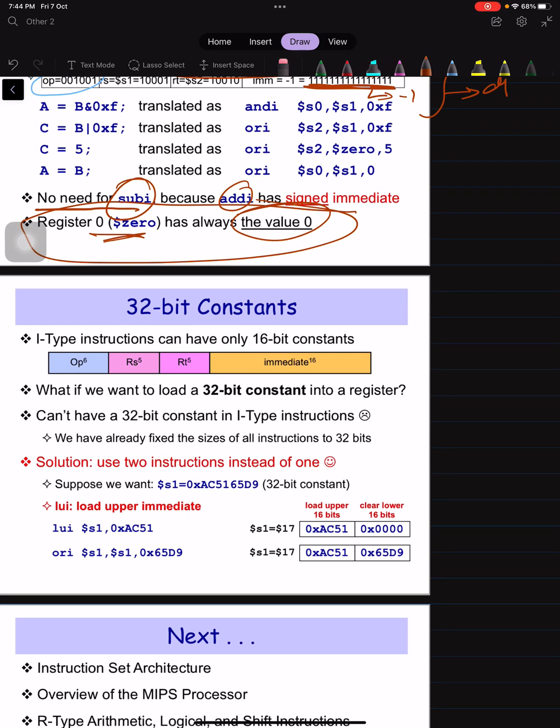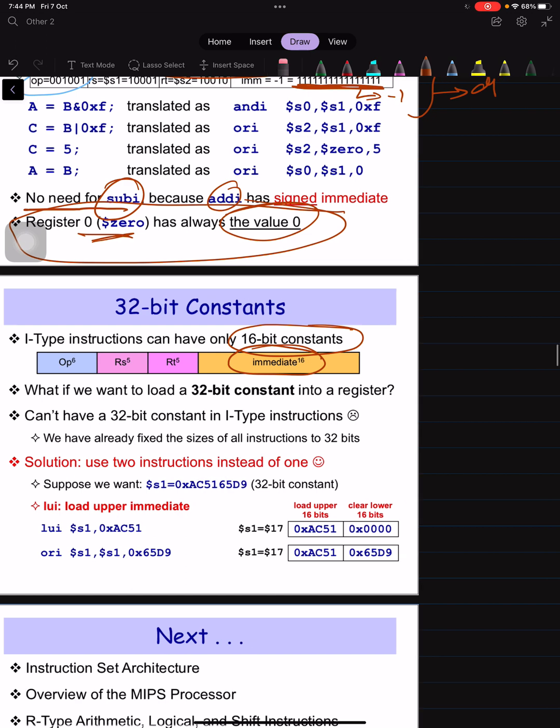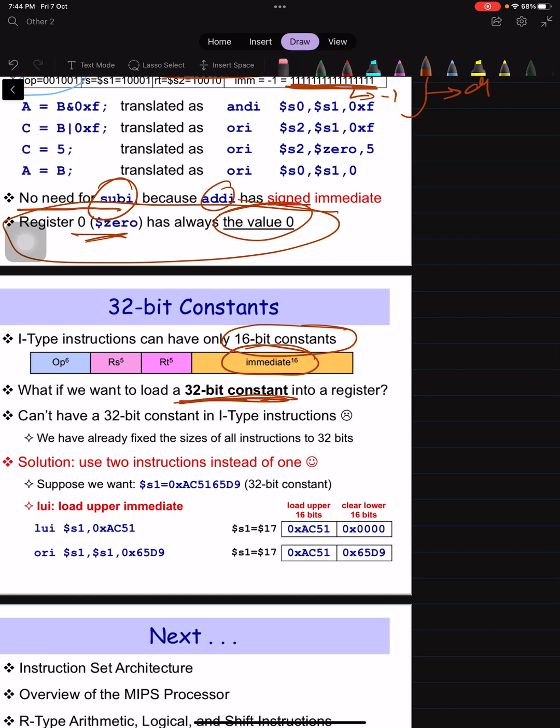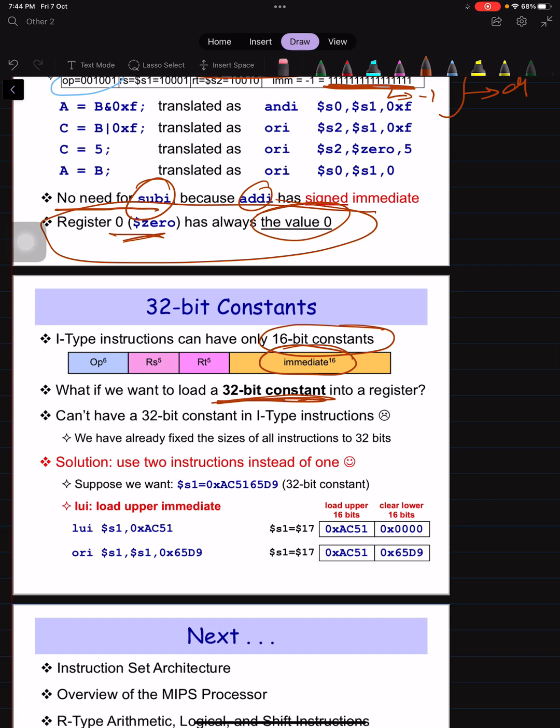An I type instruction can have only a 16-bit constant. We cannot exceed 16 bits. So what if we want to load a 32-bit constant into a register? We can't have a 32-bit constant in I type instructions, meaning we can't put a large constant.